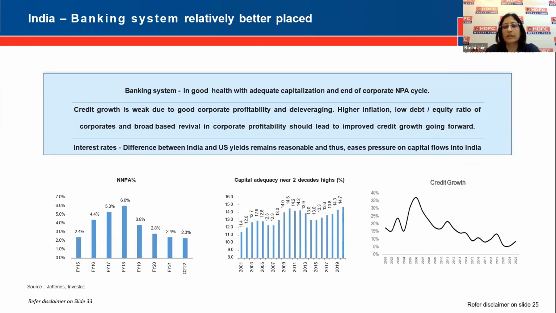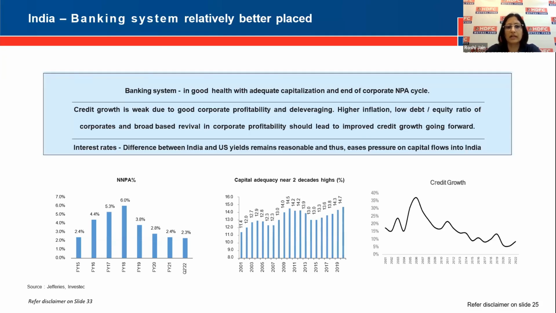Now, investment activity in general is capital intensive, and therefore the banking system needs to be in good health in order to support the kind of investment activity. We've seen that over the last few years, the banking sector has gone through a significant phase of restructuring and repair.